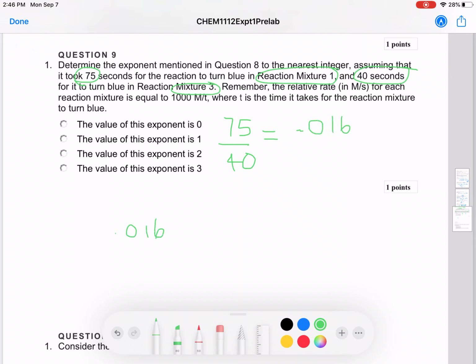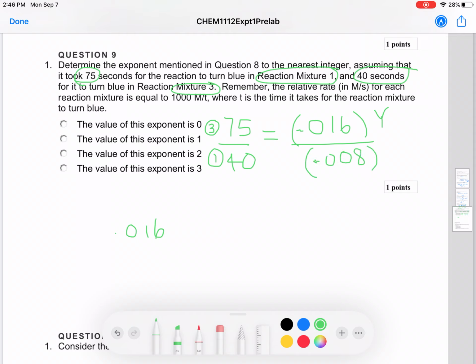Over, and then in reaction mixture 1, so this is reaction mixture 3 and this is 1, you will find the concentration of bromate is going to be 0.008. I hope you know how to calculate. Remember, it's M1V1 equals M2V2, and M1 is the concentration of bromate.